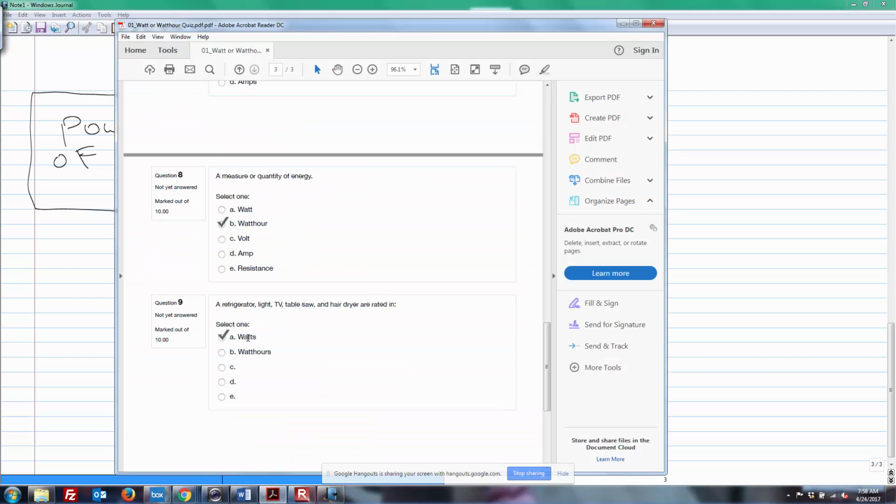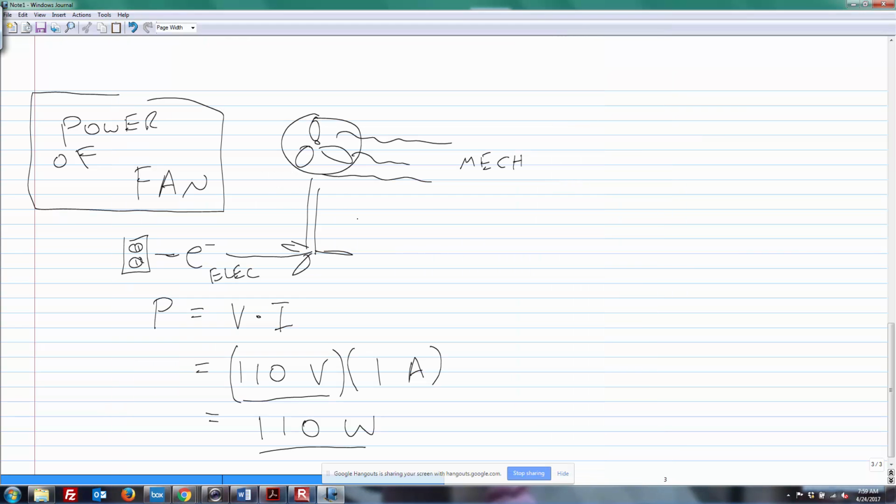And that answers this question. So a refrigerator, light, TV, table saw, hairdryer, or the fan, which is maybe a hairdryer, looks like everyone's hair is dry, would have a power of maybe 110 watts.